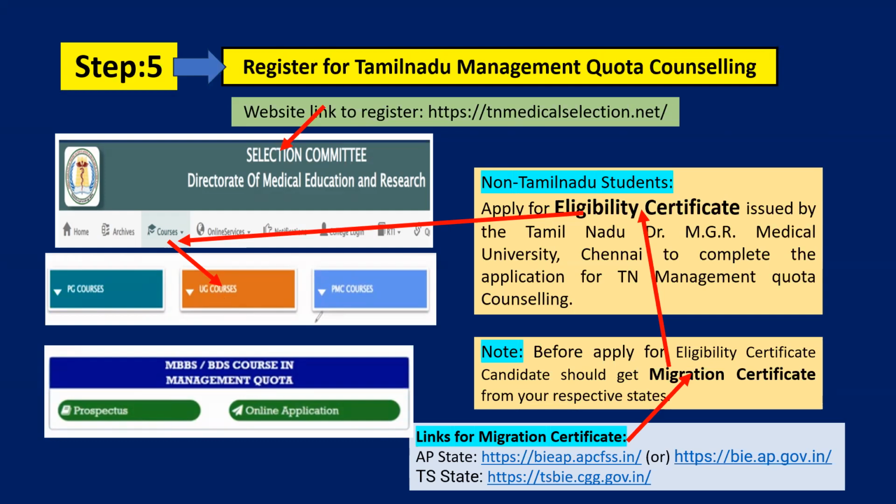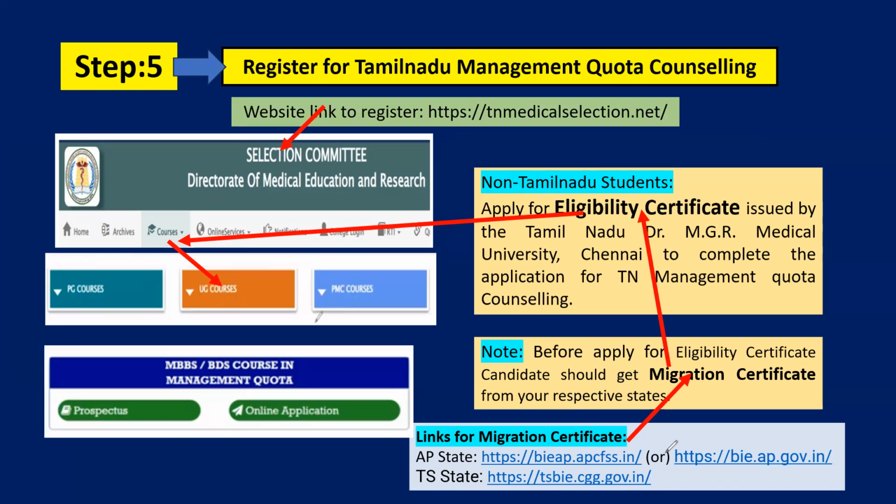So to register for Tamil Nadu Management Quota Counselling, first you have to get the eligibility certificate from the MGR University, Tamil Nadu, if the student is a non-Tamil Nadu student. To get the eligibility certificate, first you have to get the migration certificate from your respective states of intermediate board. These are the links to get the migration certificates from AP and Telangana state.